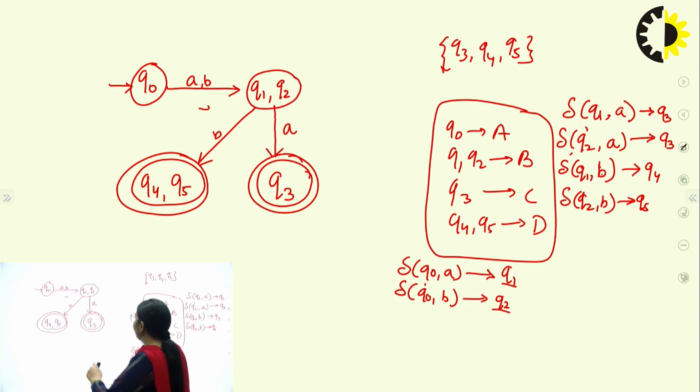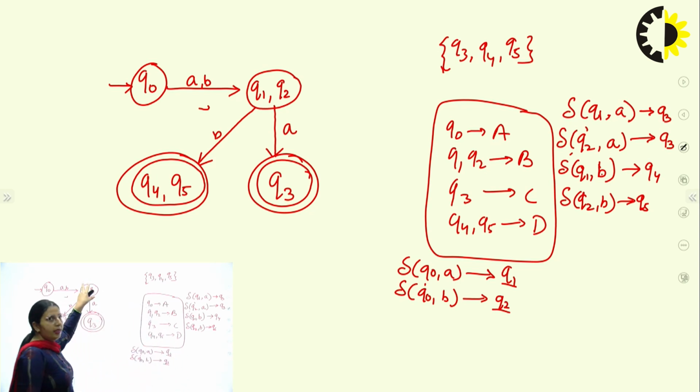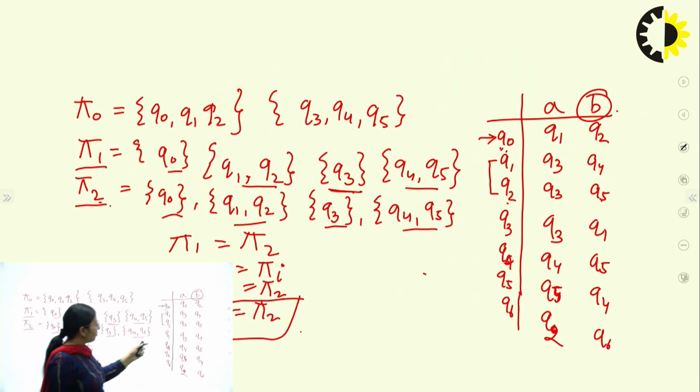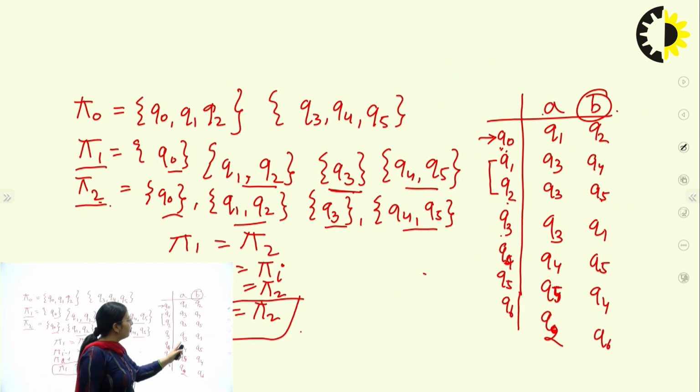Now we have done the transition for both the states Q1 and Q2. Now the next state is Q3. We have to check the transition for Q3. Q3 on A goes to Q3 and Q3 on B goes to Q1.